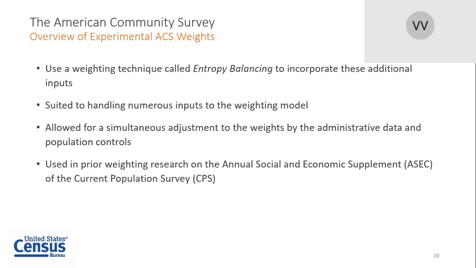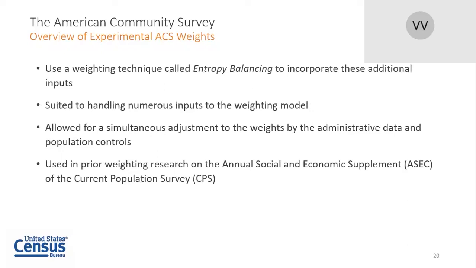All right, so a few more details. Because we're adding a lot more data sets to the weighting process, that necessitated using an overall different weighting technique for the 2020 experimental release as well. We use a weighting technique called entropy balancing to incorporate these additional inputs. Some details about this algorithm: it's well suited to handle numerous inputs into a weighting model.